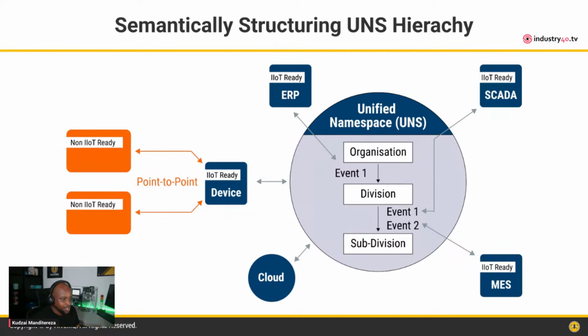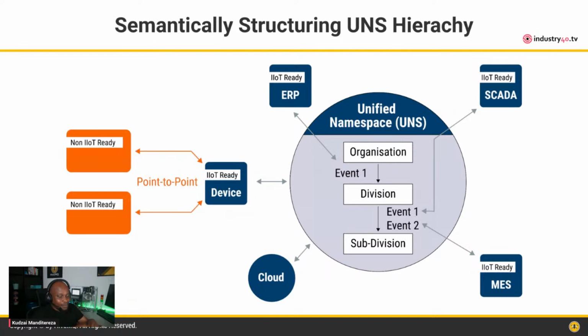Because it wouldn't make sense to simply dump all of these events inside that store in a way that is not discoverable by all the other participants interested in that piece of information. So what you want to do inside your unified namespace to hold your events is to create a structure that makes sense for all the participants of that unified namespace, right?